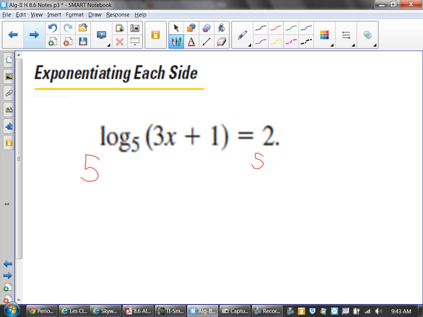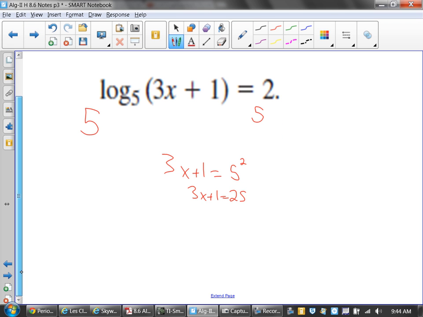So it becomes 3x plus 1 is equal to, what is it, 5 squared is, it's okay, it's right. For some odd reason, I was thinking it was 2 to the 5th. And I'm like, that's not right. It's not 32. And then you solve it out of that. You get 8.